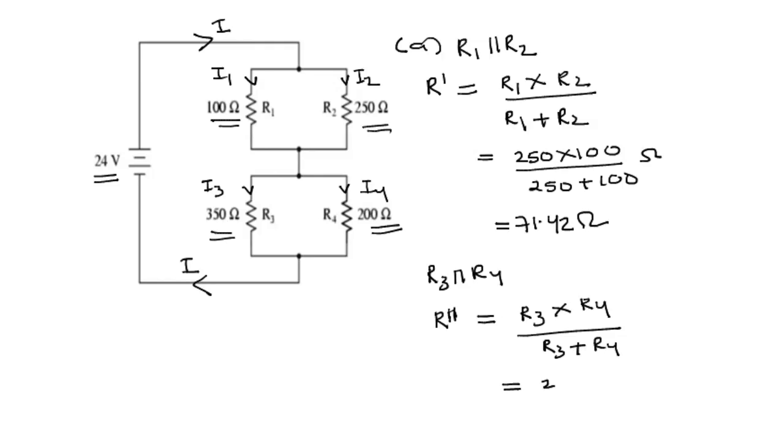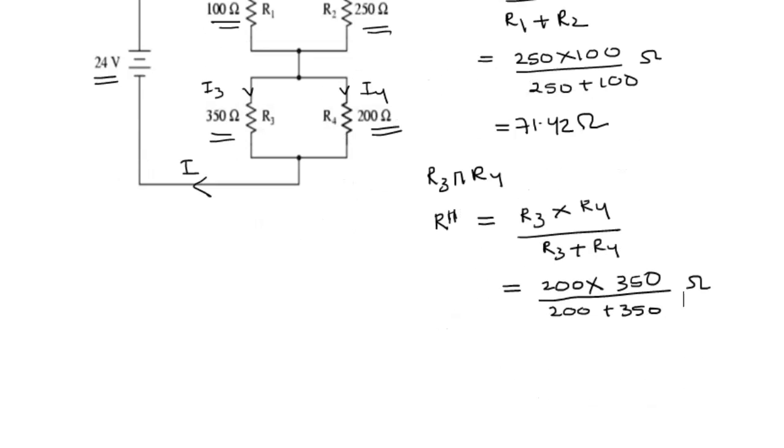That is equal to 200 multiplied by 350, whole divided by 200 plus 350 ohm, and this calculation comes to be equal to 127.27 ohm.